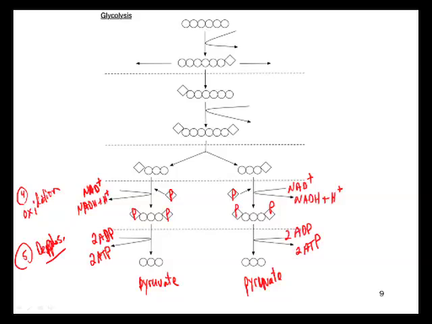Is there a way that we could write one single equation for just glycolysis, kind of like we did for the entire cellular respiration? Taking the reactants on one side, producing products on the other side? Go ahead and try and write that down.